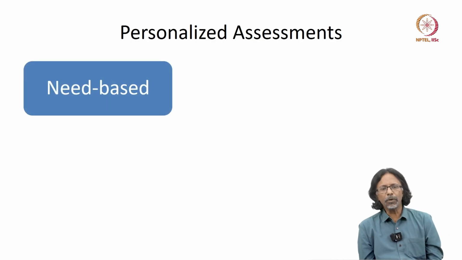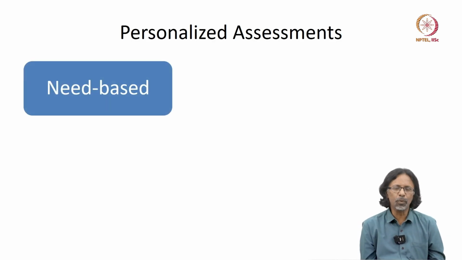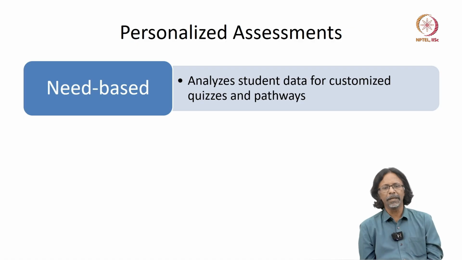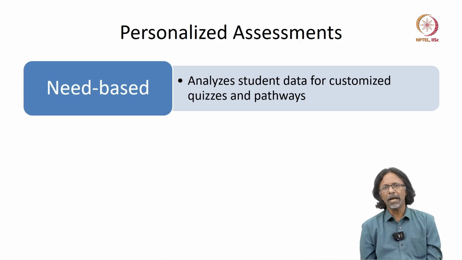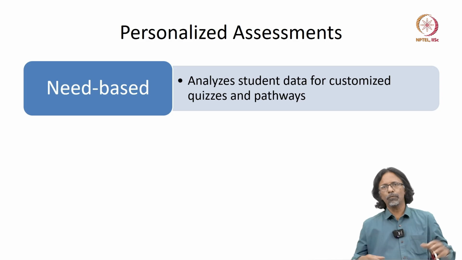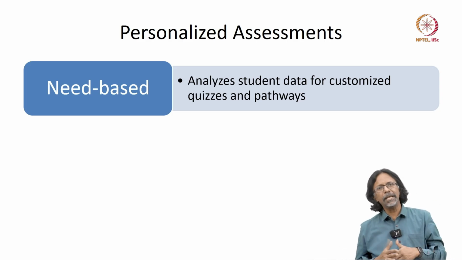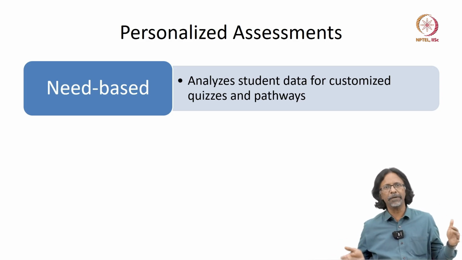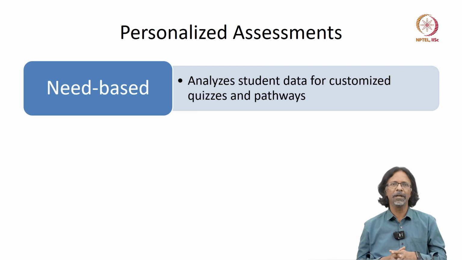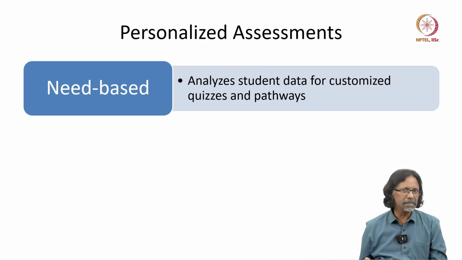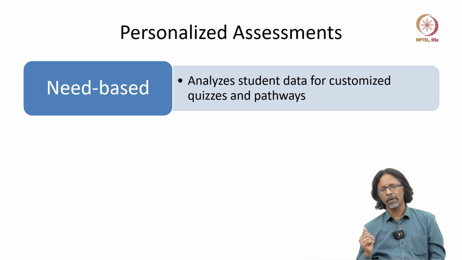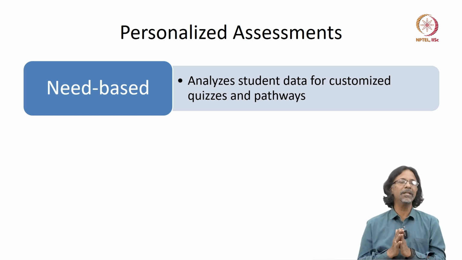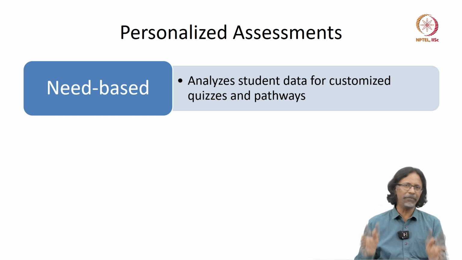Now, when we talk about personalized assessment, what is it that we mean, right? Basically, you can have it analyze the student data, and we can create a question bank, right, which is tagged appropriately with the different Bloom's taxonomy levels, or knowledge levels, and even topic-wise, and difficulty levels and so on.